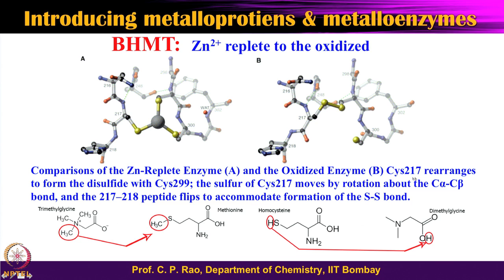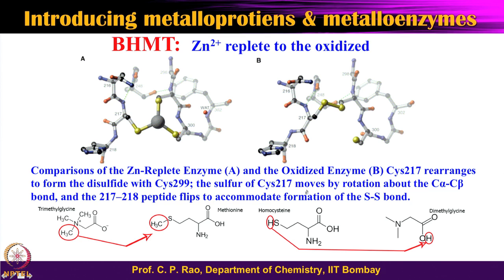So, cysteine 217 is the one that is somewhere here, and it rearranges to form a disulfide with 299. So, the 299 is with this one, and it will form a disulfide bond.